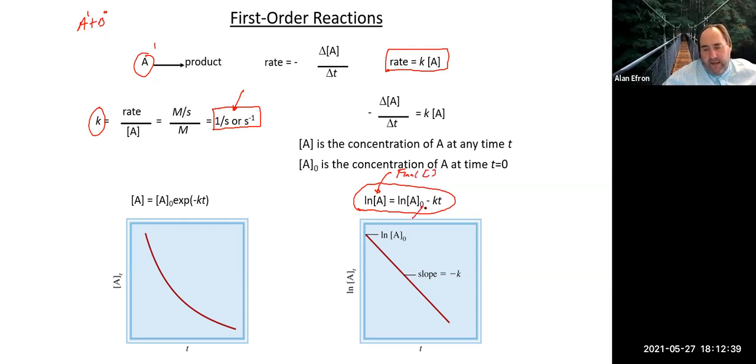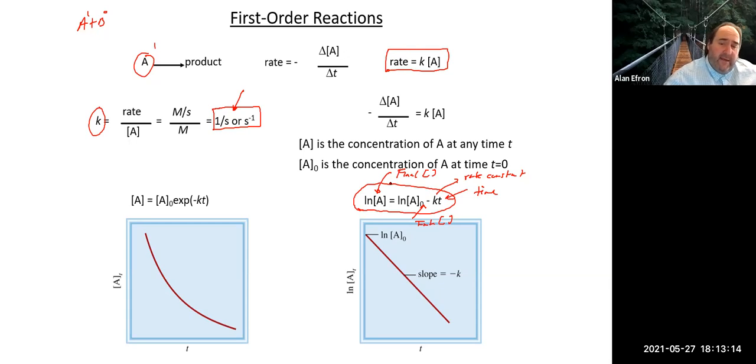This A with the naught is your initial concentration. k is our rate constant, and t here is time, so not temperature, but time. If you know the initial concentration and how long it has been, you can figure out how much will be left over. If you know the initial and the final, you can figure out how long it would take. So there's a lot you can do with this.